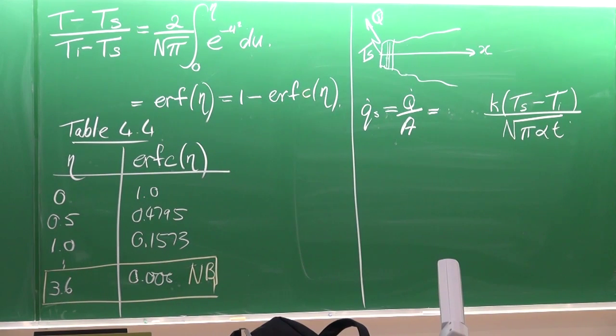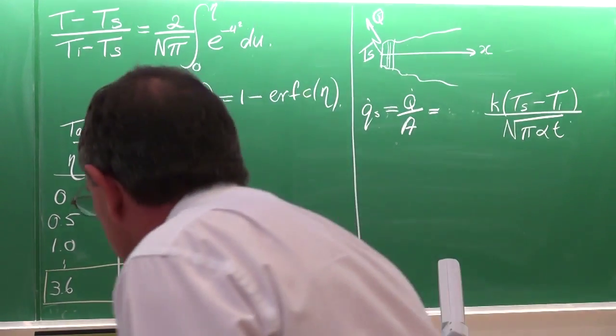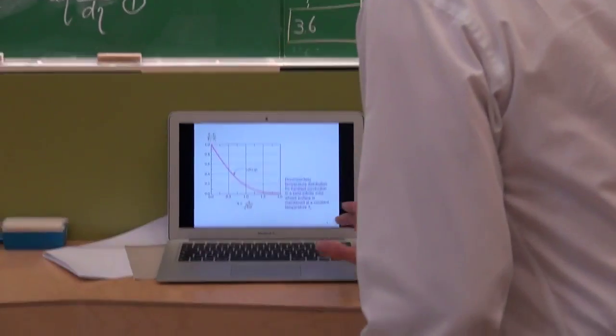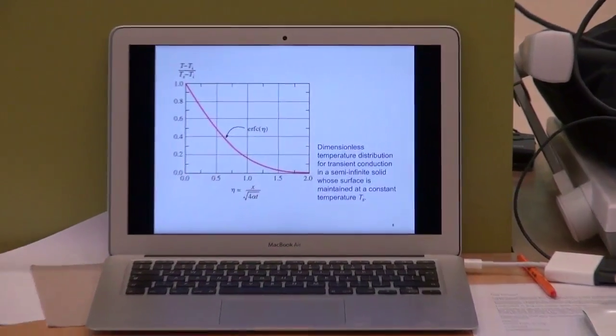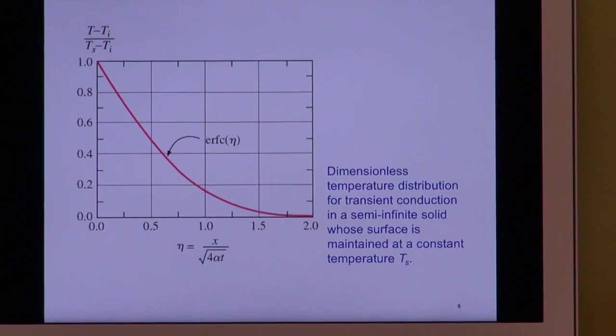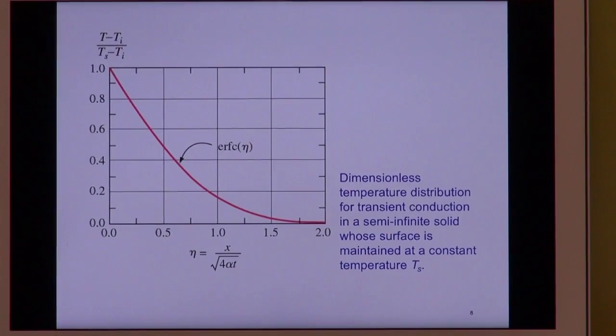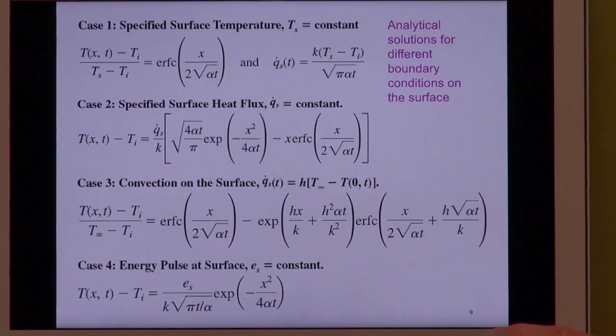In your textbook there are solutions for, I think, 4 cases. If we can just look at that. Okay, so before we do that, let's just look at the graph. There again is the graph of the complementary error function as a function of eta for different non-dimensionalized times. Okay.